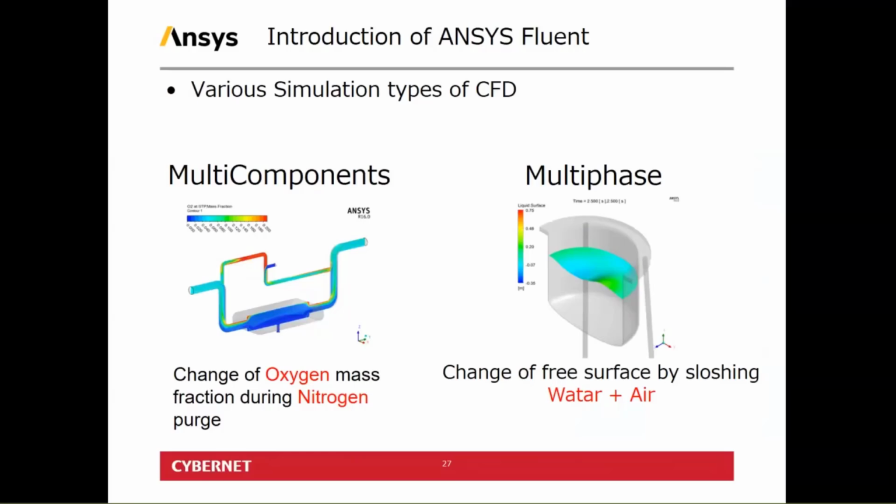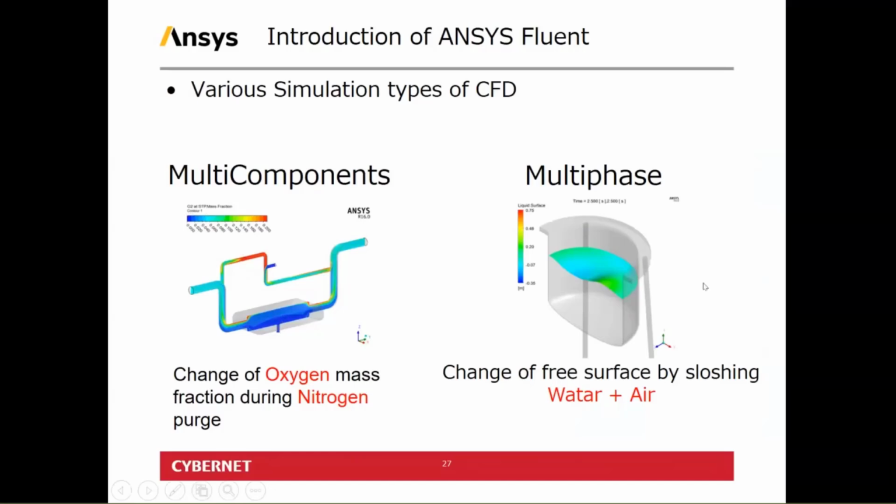This contour shows the mass fraction of the oxygen. The red area is a high mass fraction of the oxygen, and the blue area is a low mass fraction of the oxygen.